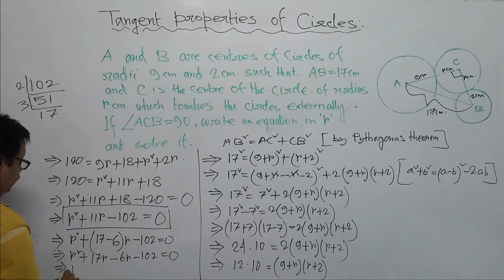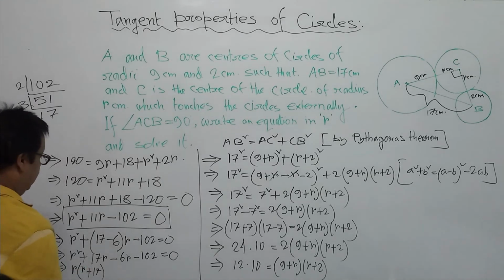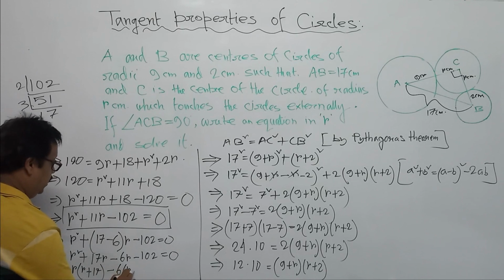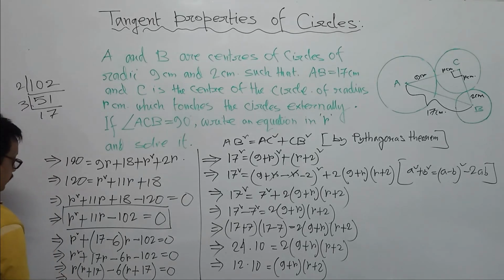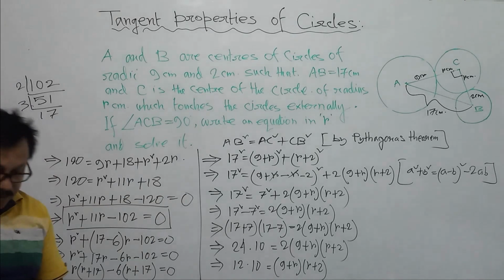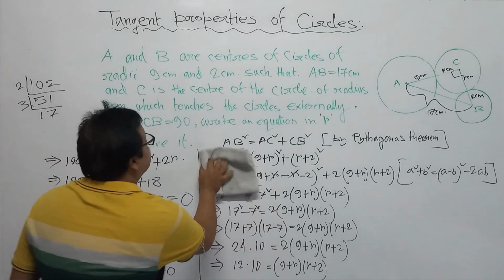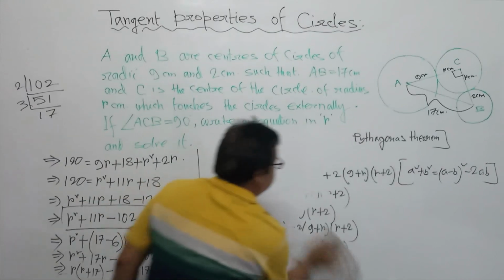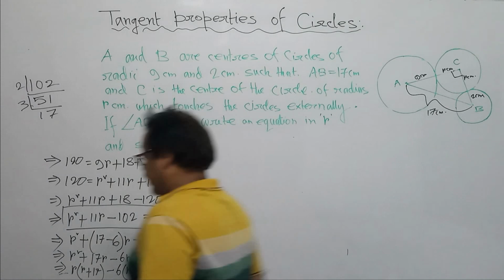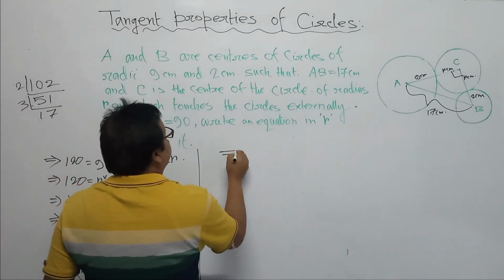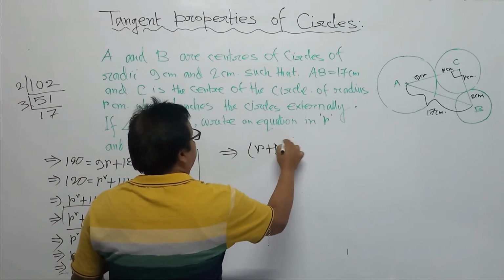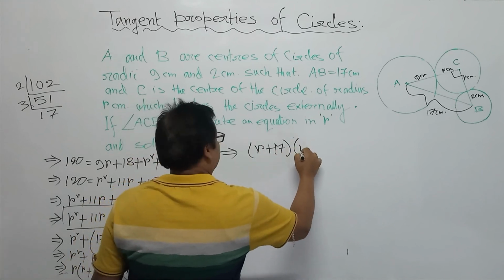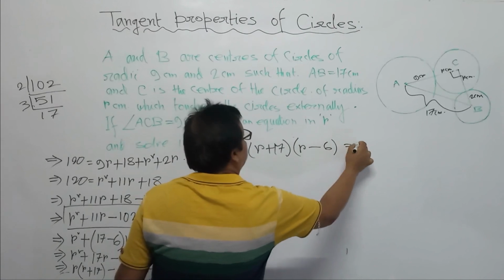This implies you can take common r plus 17 into r minus 6 equal to 0.